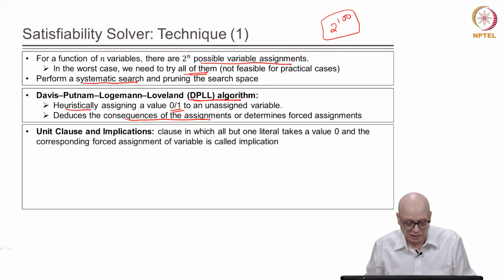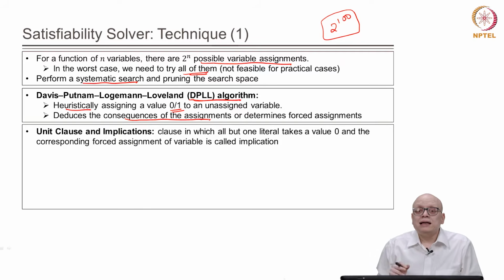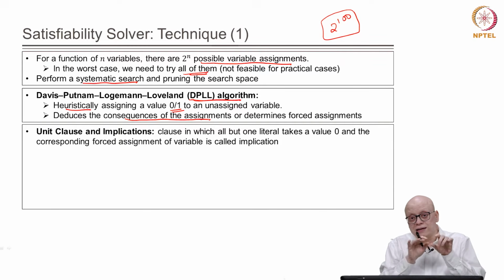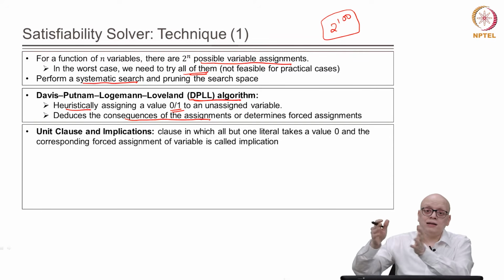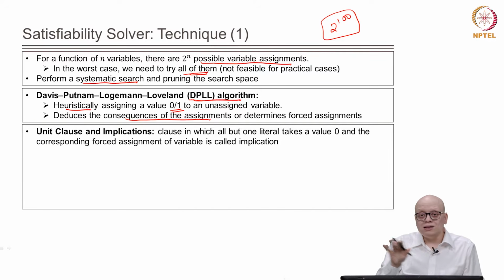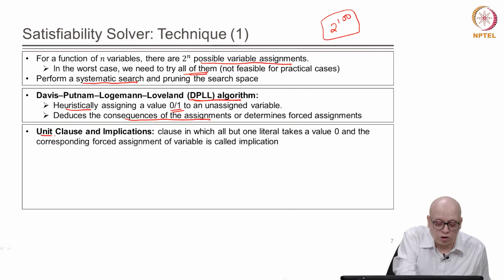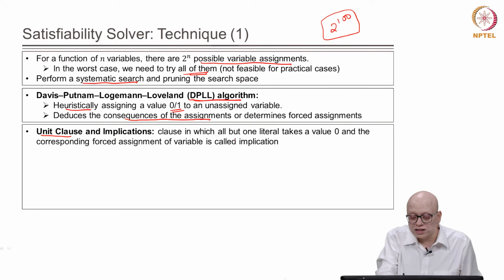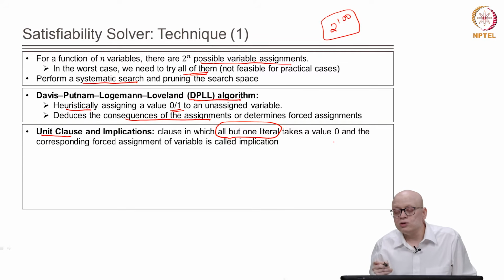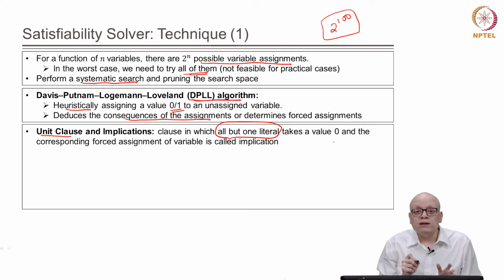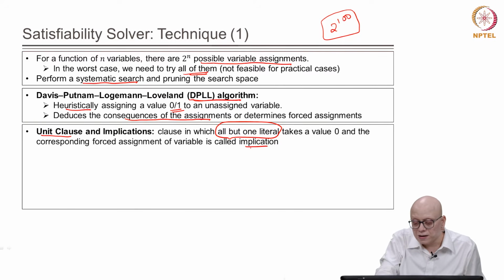And what do we mean by forced assignment? Let us understand that. It can happen that when we assign a value to a variable, there are other clauses where all the variables got assigned except one, right. If that happens, then we say that that clause has now become a unit clause. So, a clause in which all but one literal takes the value 0, and the corresponding forced assignment of the variable, is known as an implication.